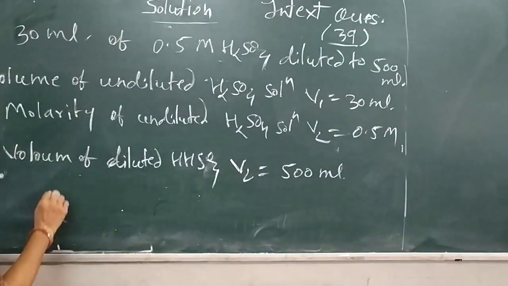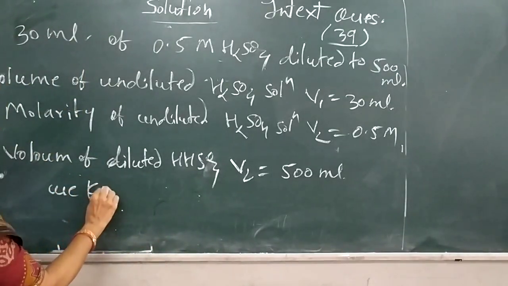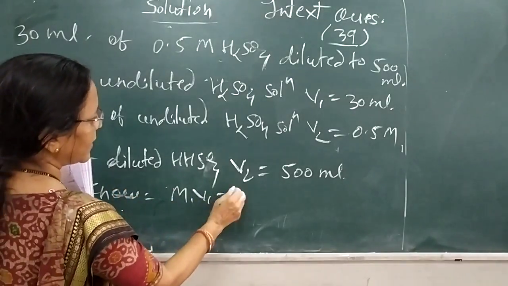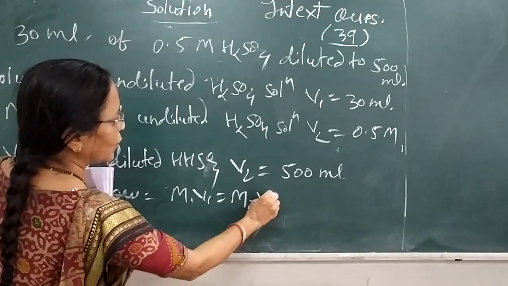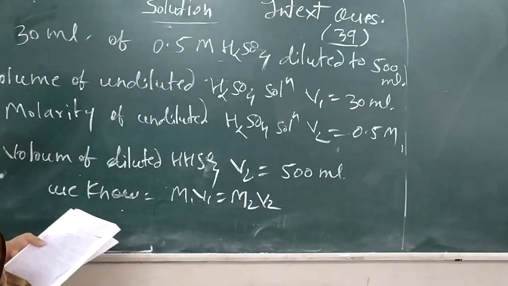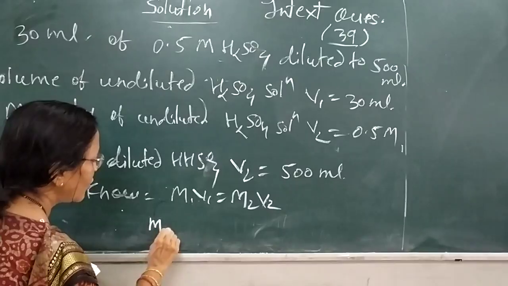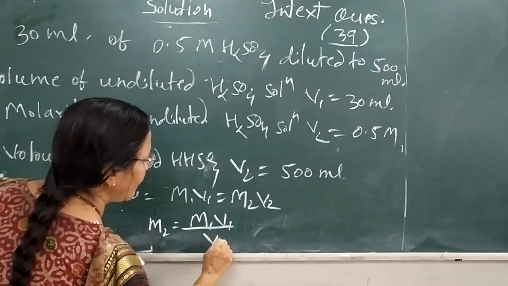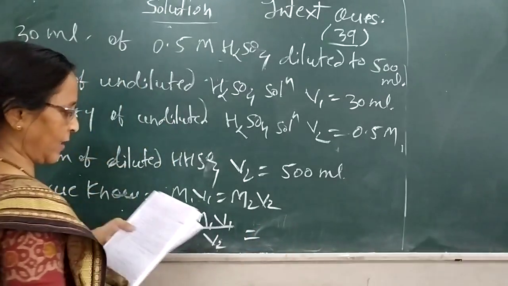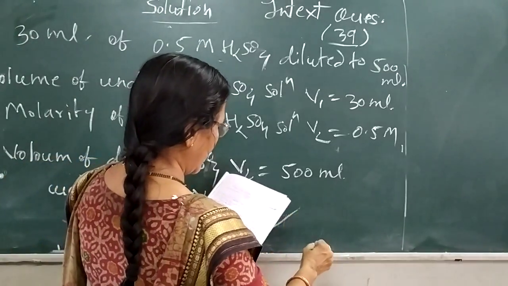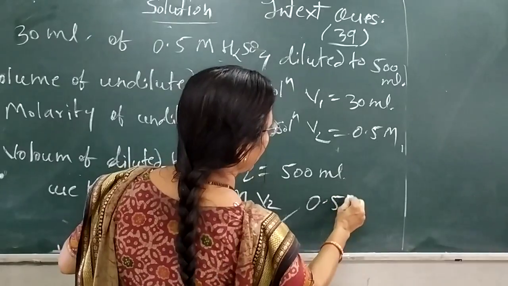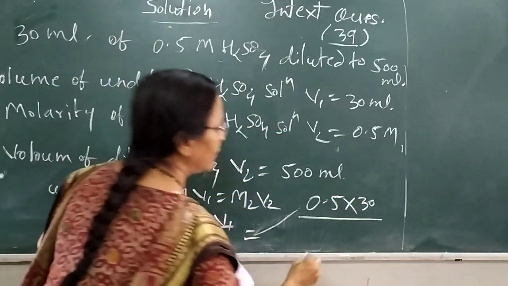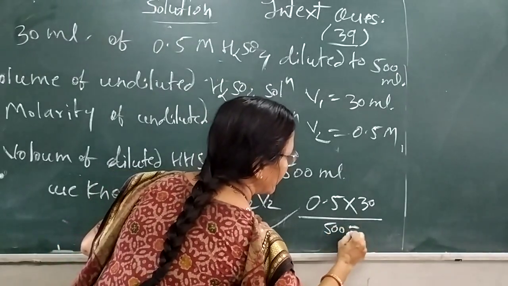Now as we know, M1 V1 is equal to M2 V2. So M2 is equal to M1 V1 upon V2. If I write the values, 0.5 into 30 divided by 500.